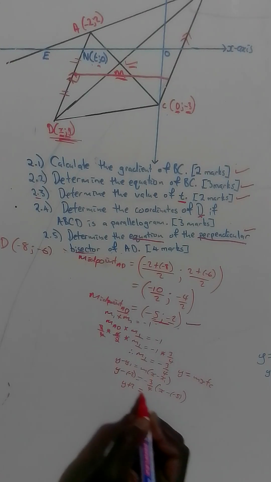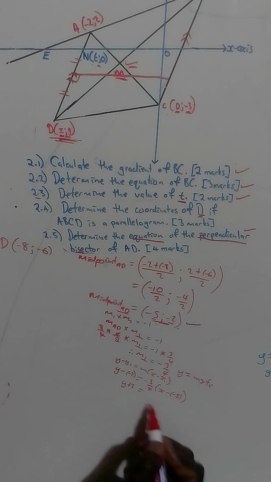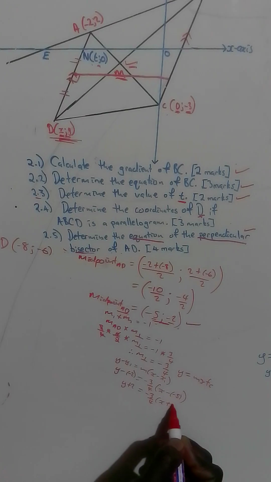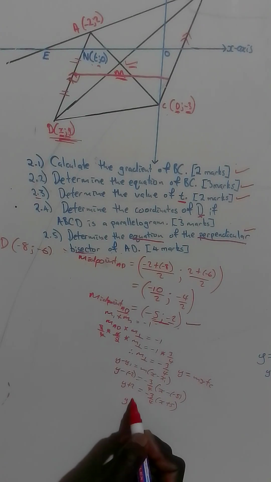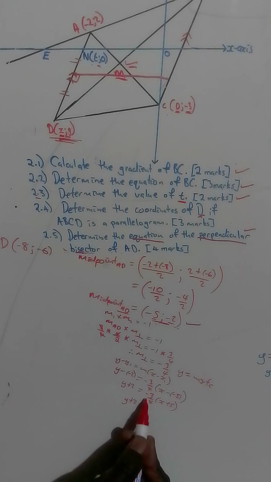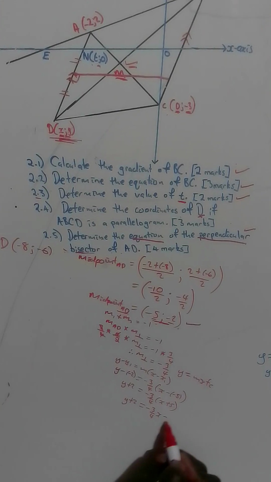So I've got y plus 2, which is equals to -3/4, open bracket x plus 5, close the bracket. Y plus 2 here repeats, and negative times positive, it's a negative 3/4x, and here negative times positive, it's a -3 times 5, that's -15/4.